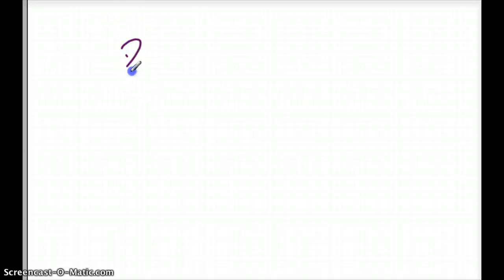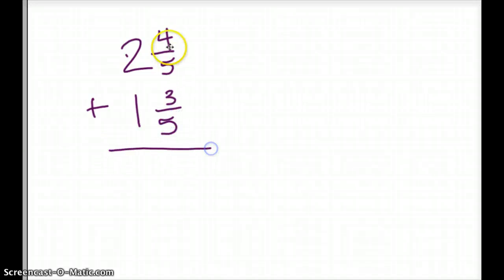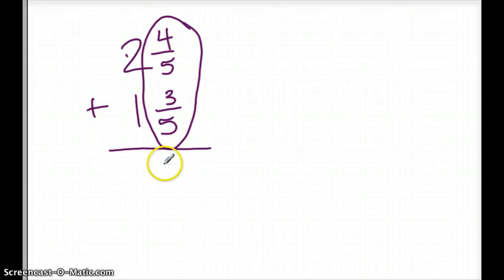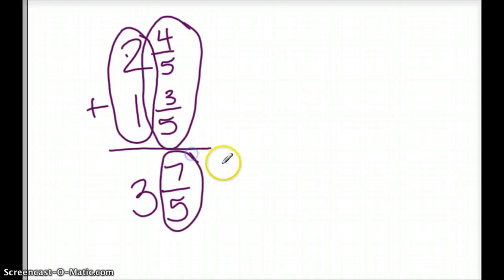So, if we have the numbers 2 and 4/5 plus 1 and 3/5, I would add 4/5 plus 3/5, which equals 7/5, and I'd add 2 plus 1, which equals 3. So now I have 3 and 7/5. I know that 7/5 is improper because 7 is greater than 5.